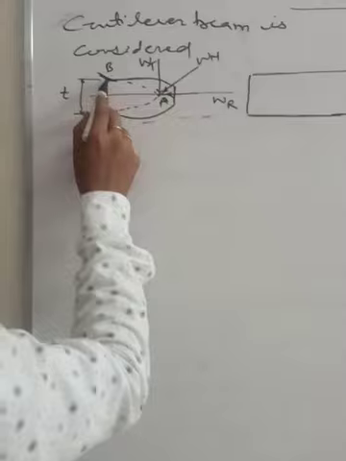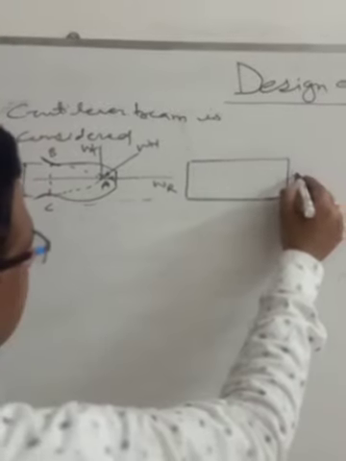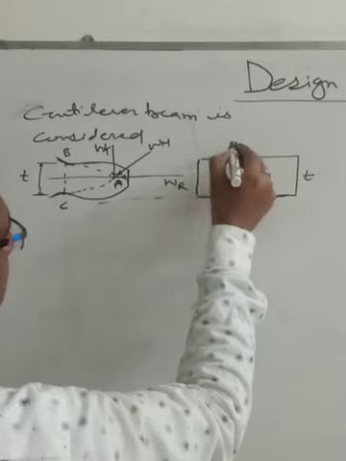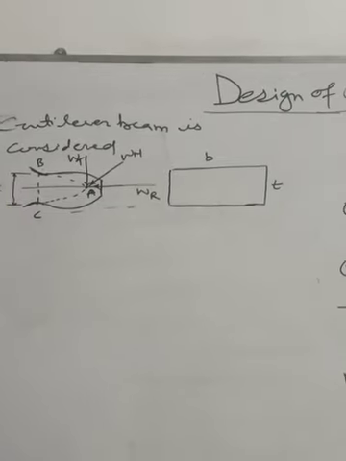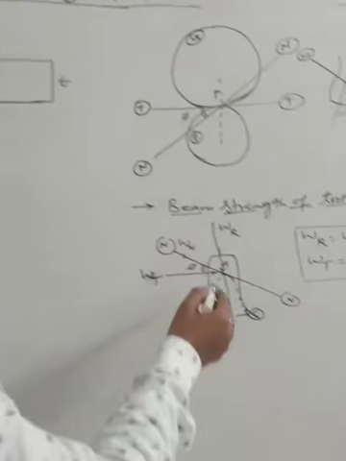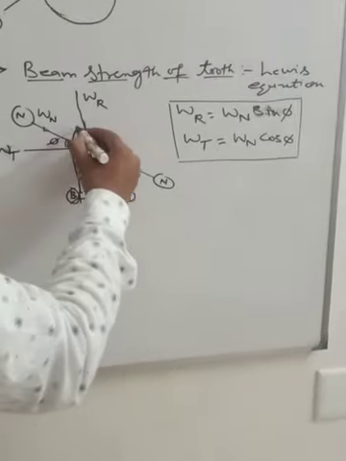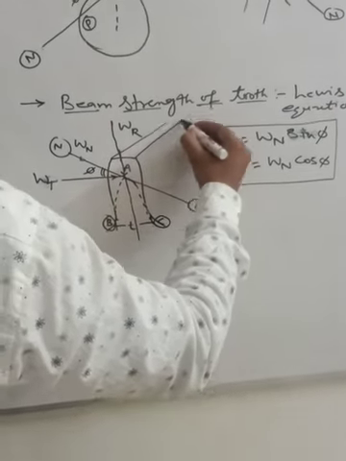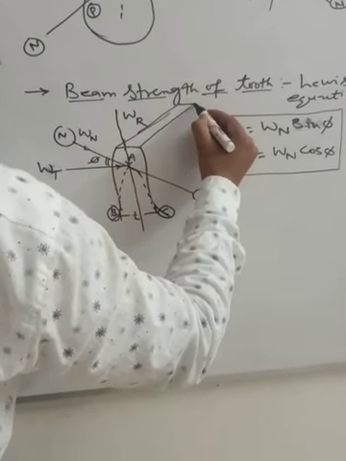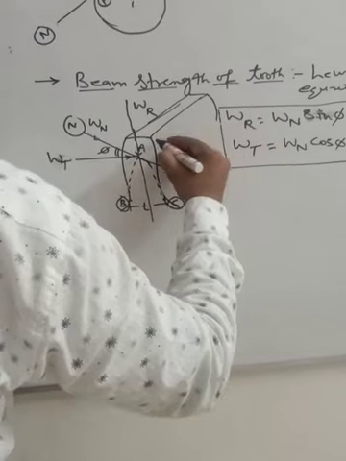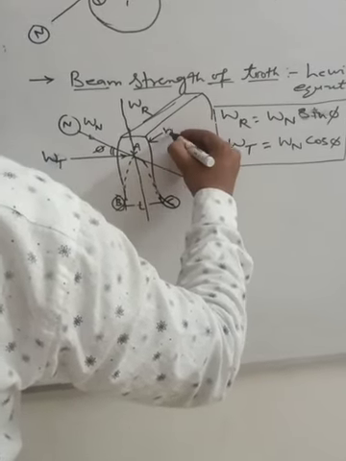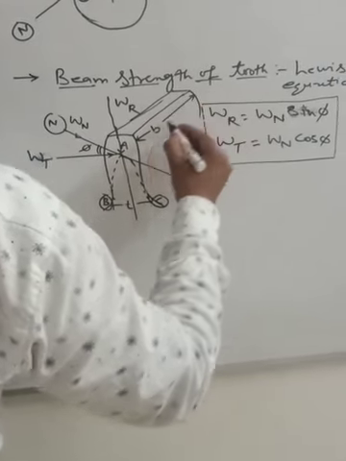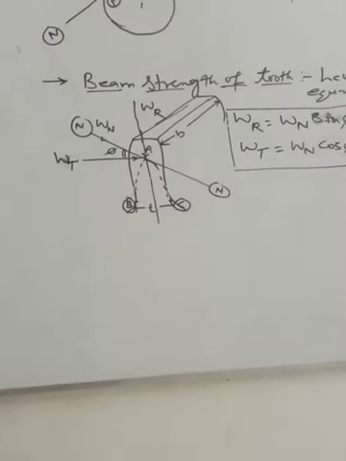That's why the cross section at this weakest section is this is T, and this is B, width or face width. If you are giving a 3D to this tooth, then this type of three-dimensional diagram is there, and this is known as the width of the tooth.